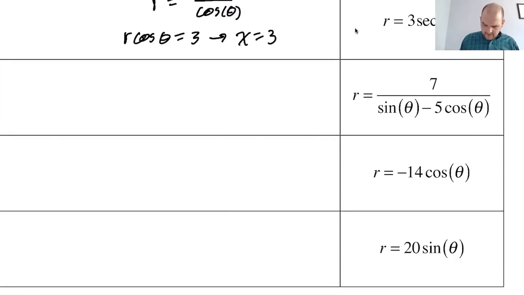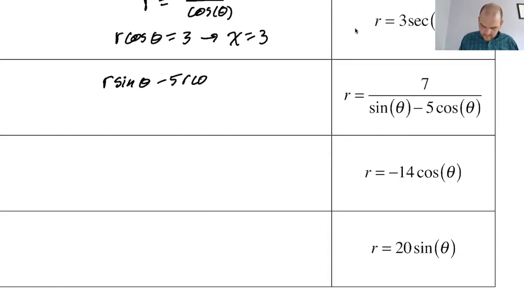All right, let's see. What do we do here? I'm going to cross multiply right off the bat. So it's r sine theta minus 5 r cosine theta. Also, I'm expecting this to be a linear function, because we've done a lot of these, right?